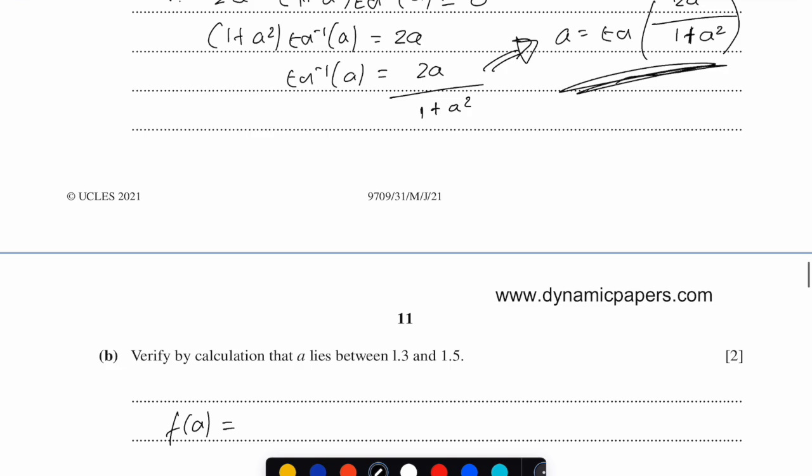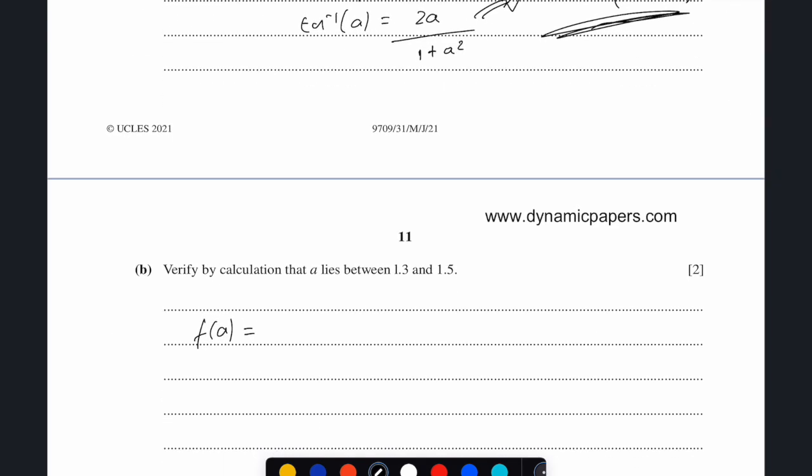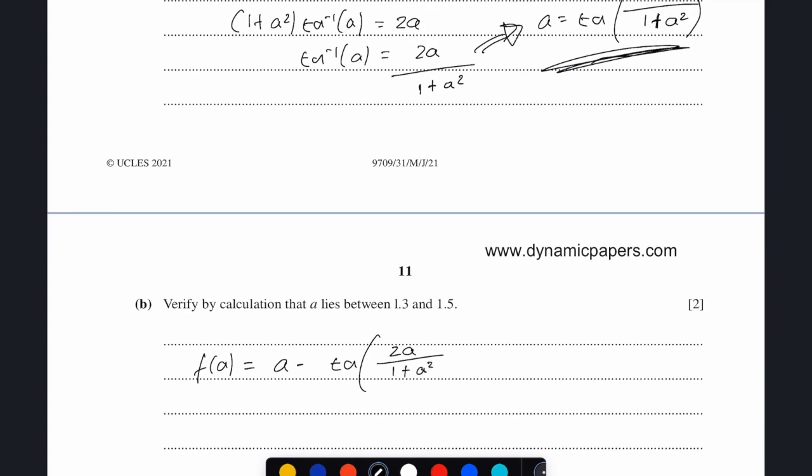So f of a is going to equal a minus tan 2a over 1 plus a squared.